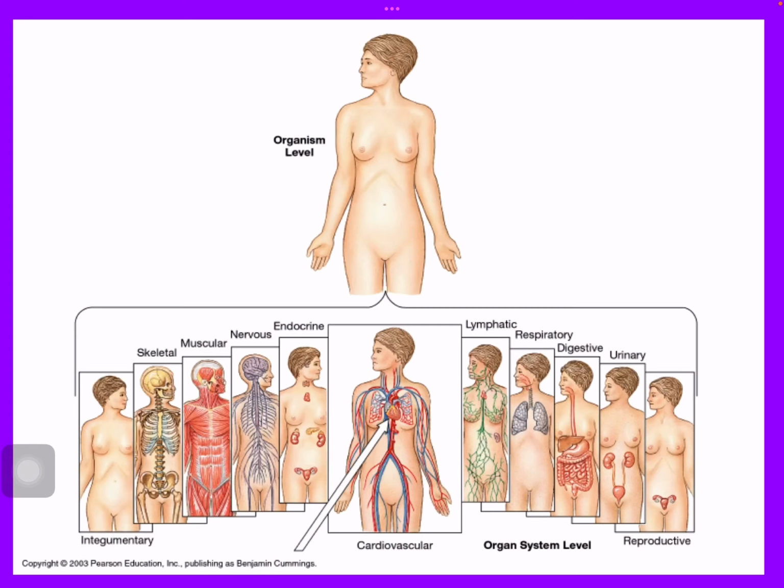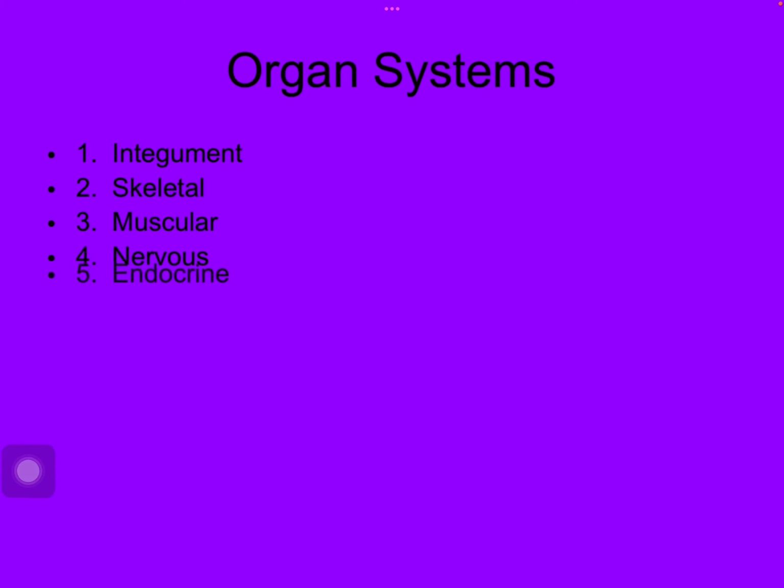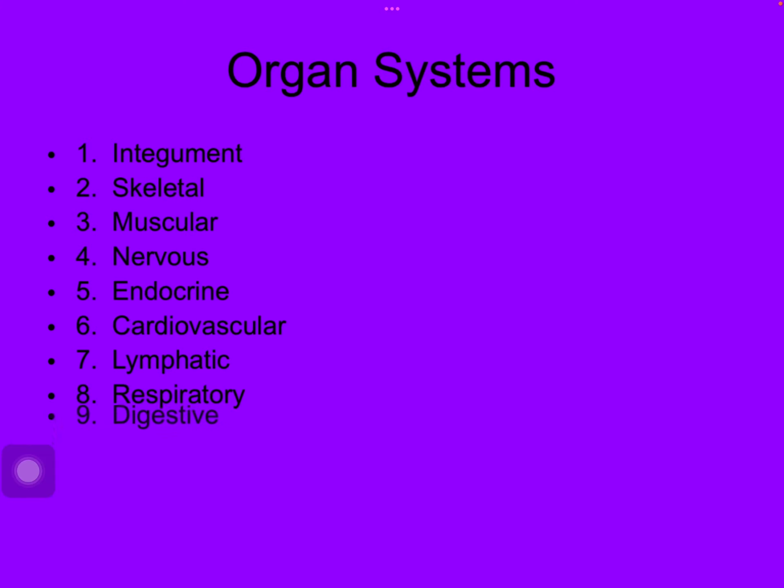At the organism level, we have many organ system levels, like integumentary, which is for skin; skeletal, which as we all know is made up of bones; muscular, nervous, endocrine, cardiovascular, lymphatic, respiratory, digestive, urinary, and reproductive. These organ system levels are what we just discussed.